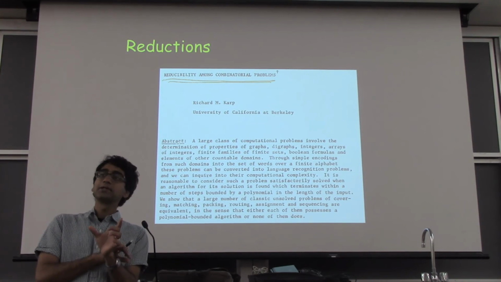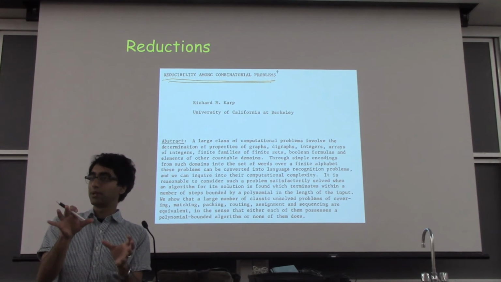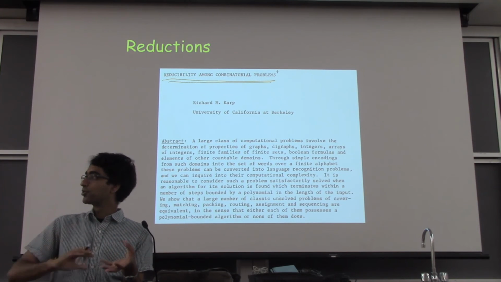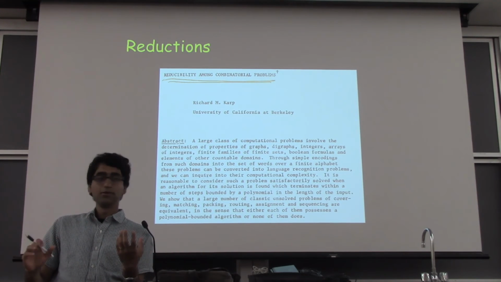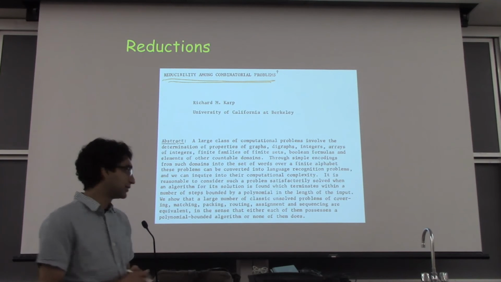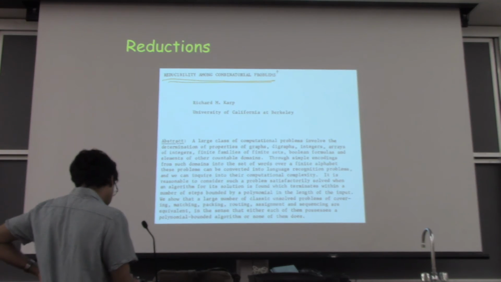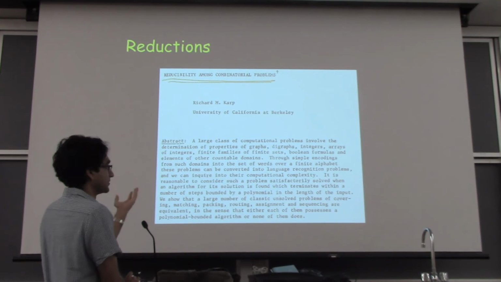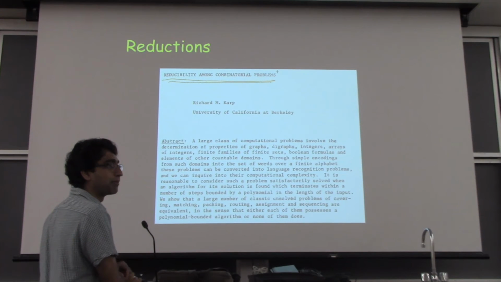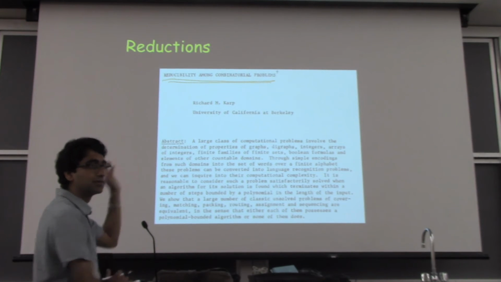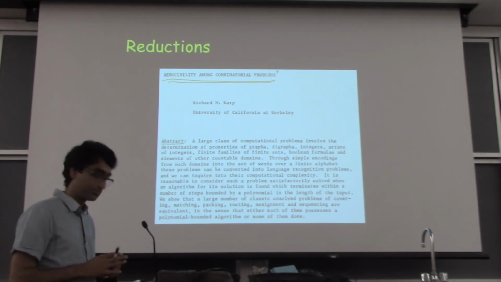But it turns out that they are all equivalent in terms of complexity, in the sense that there are reductions in both directions. This is the cool thing that he showed, and in this paper, these were one of the first few reductions that people came up with. So this was the non-trivial example.